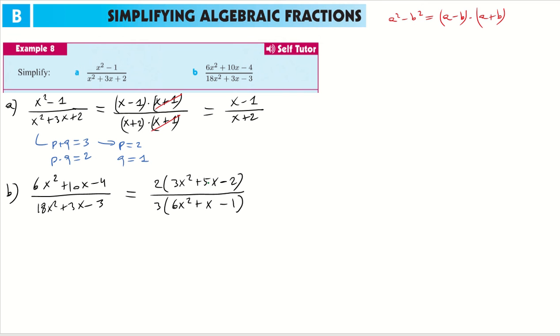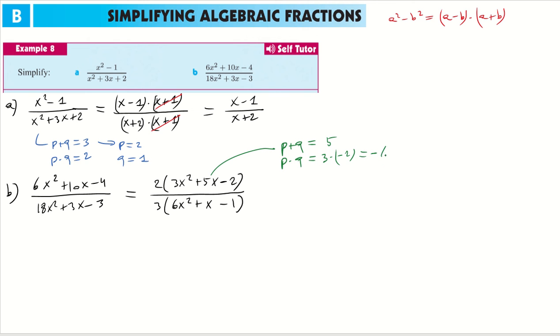Okay? In the numerator, I have 3x squared plus 5x minus 2. I have to split up the middle term. If I split up the middle term, p plus q is equal to the coefficient of the middle term, and p times q should be equal to a times c, so the 3 times the negative 2.